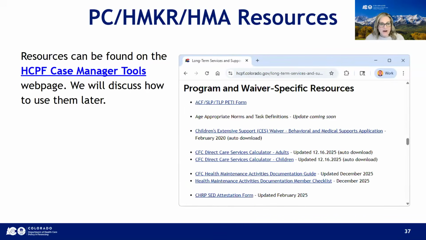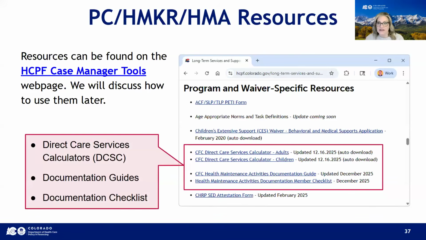Okay, next up, I want to reference back to a page that hopefully you are familiar with, but resources can be found on the HCPF Case Manager's Tools page when you scroll down to Program and Waiver Specific Resources. There are several tools to help you with authorizing and documenting these services. There are 2 direct care service calculators, one for adults and one for children. That's what's highlighted on your screen here, but there's going to be lots of other resources on this page too.